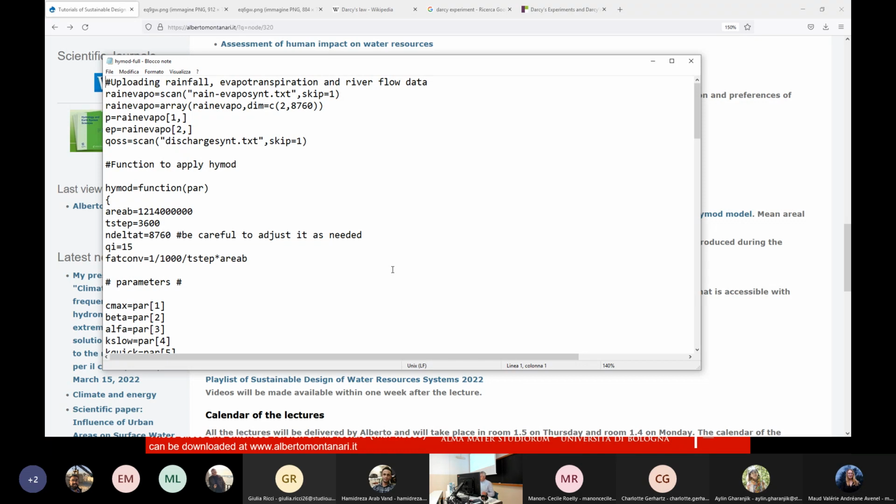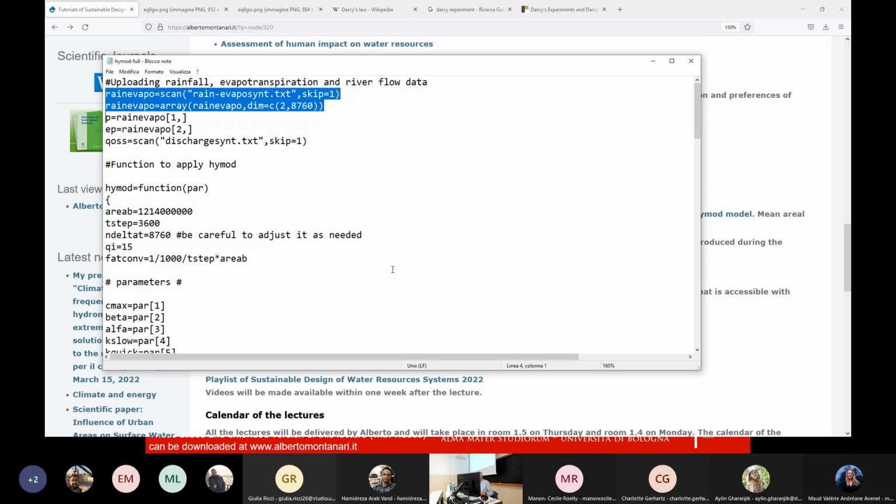And then you go into the script window and you use these two instructions. You copy and paste them from my website to the script window, and you run them.